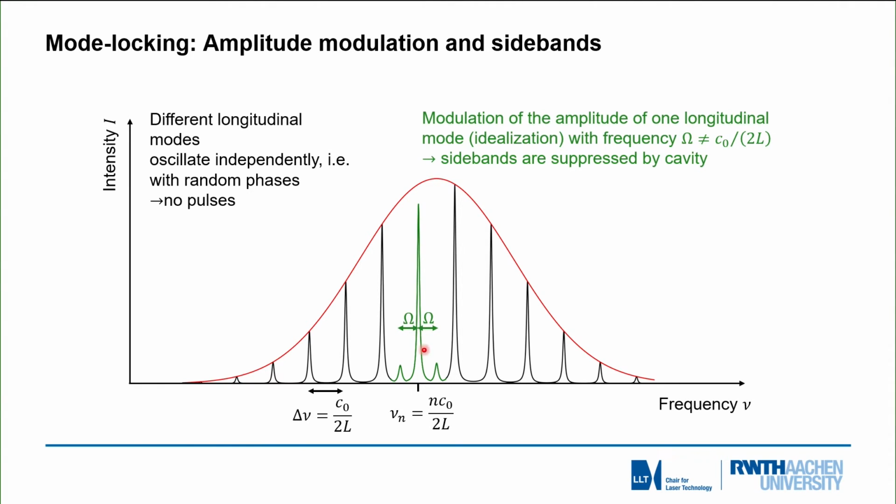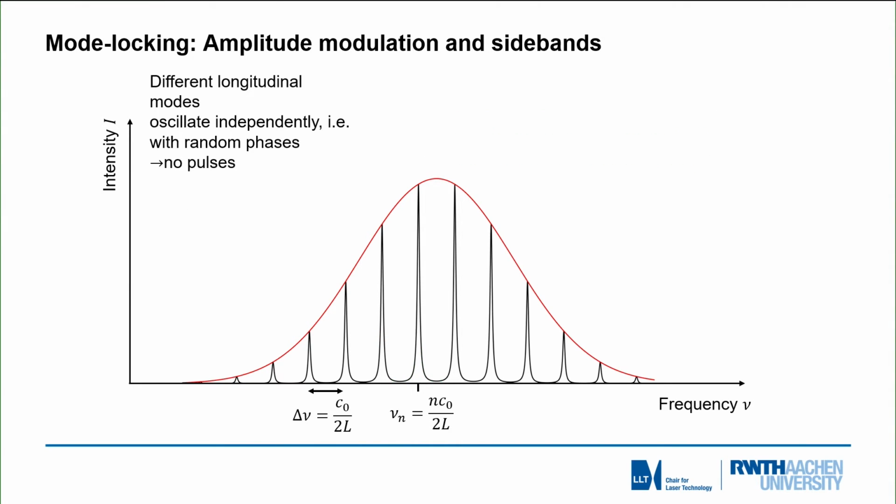And now, if we choose the modulation frequency to be exactly the frequency of the spacing of two longitudinal modes, you see the effect of dissipating energy from a single mode to the sidebands, which again now are in resonance because the modulation frequency is exactly the frequency spacing of the longitudinal modes.